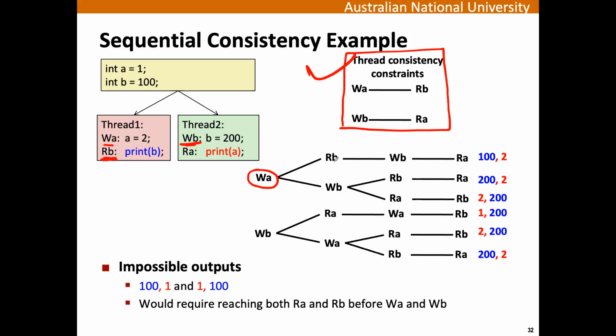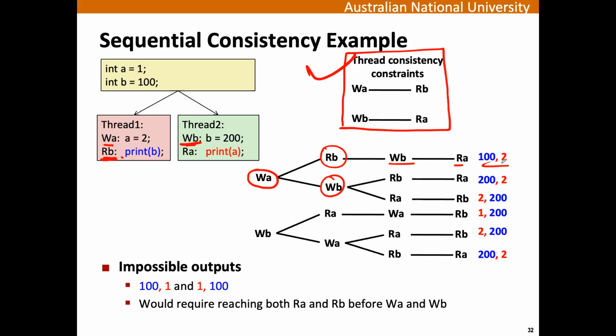So then I have RB and WB, and after RB, I can only execute WB and RA. And that gives me 102. So 100 is what thread 1 is printing in blue, and red is what thread 2 is printing.